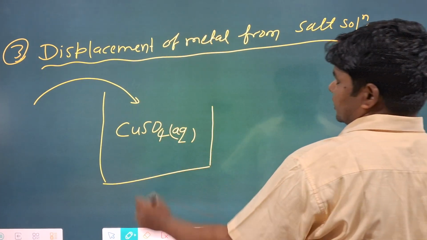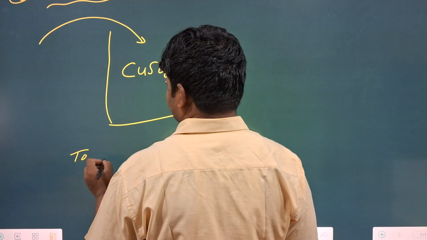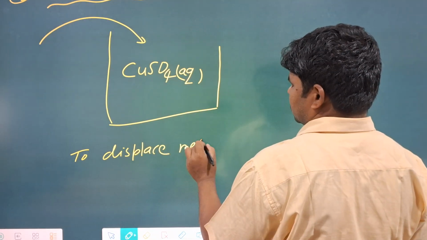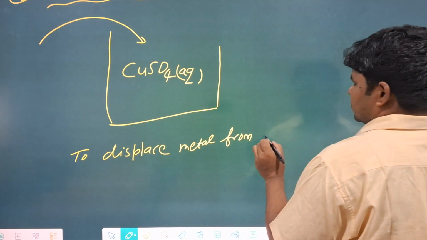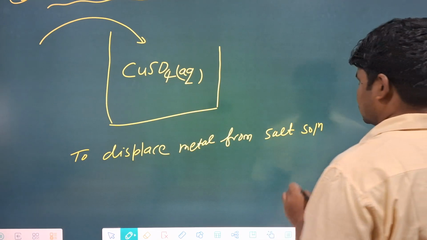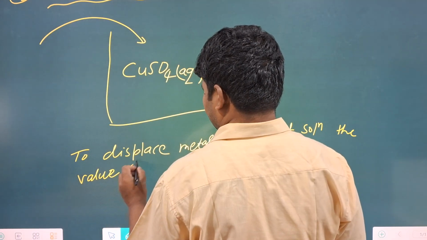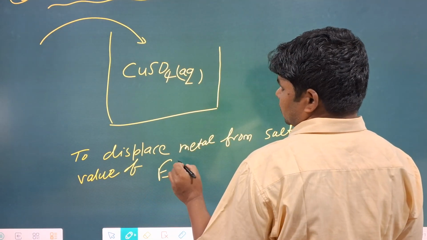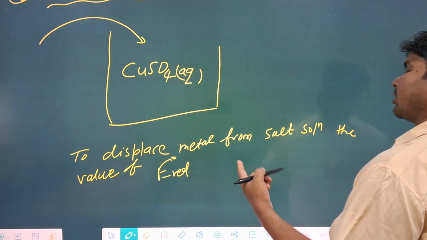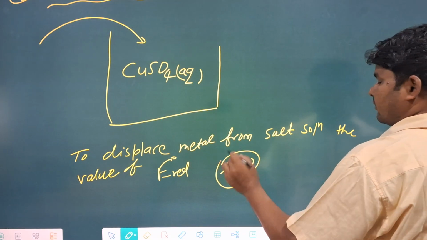To displace a metal from salt solution, a note can be noted: the metal which is able to displace should contain a low value of reduction potential.